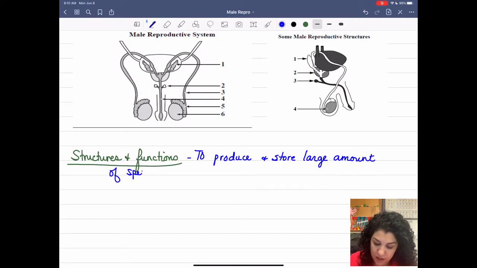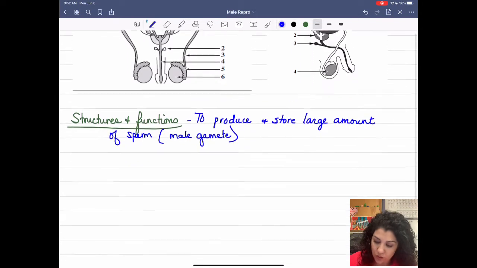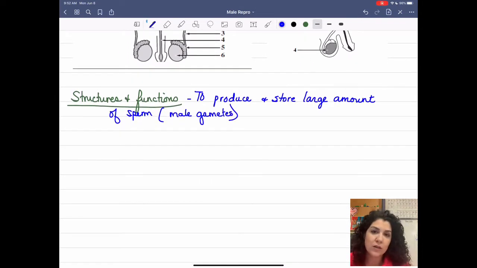And sperm is the male gamete. Right? So I should say male gametes. Sperm is already plural, just like deer in English. So produce a large amount of sperm. We're talking about 1,000 sperm per every heartbeat. Okay, so it's quite large amounts of sperm that need to be produced.